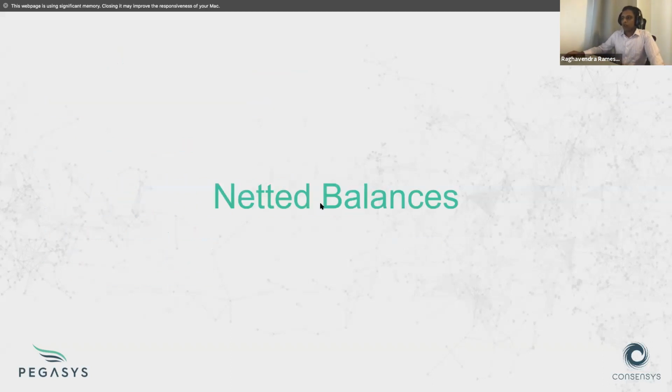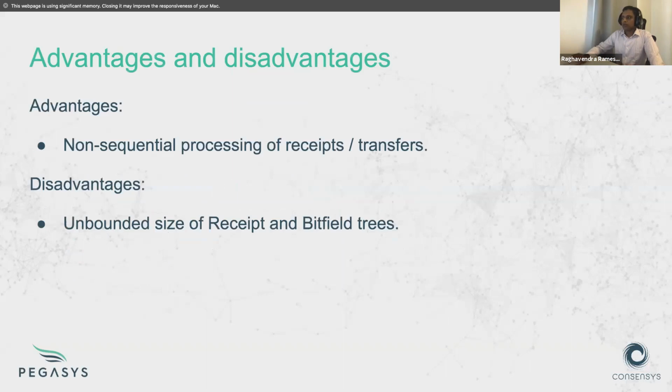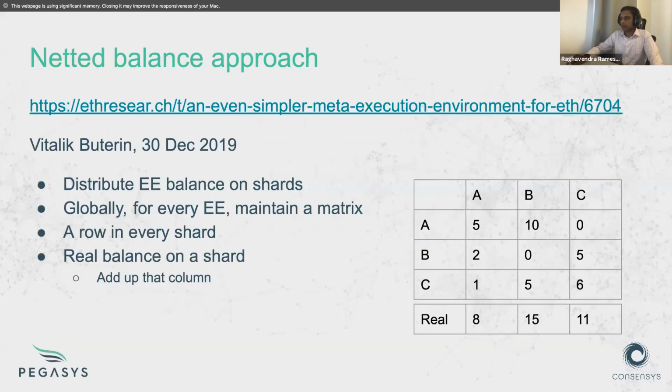So that means that globally, for every execution environment, a matrix is maintained, shards cross shards, showing the balance of this EE on various shards.